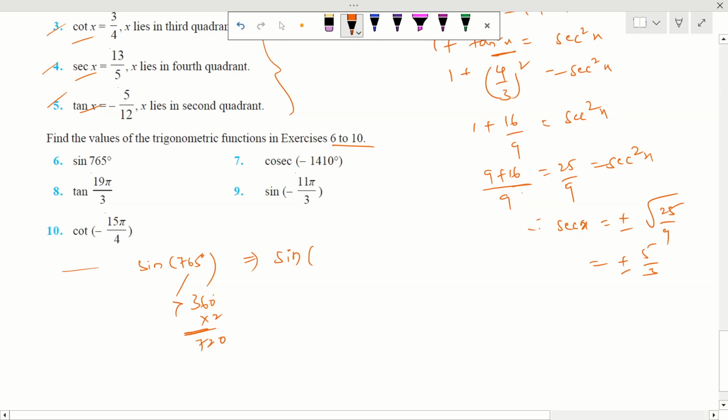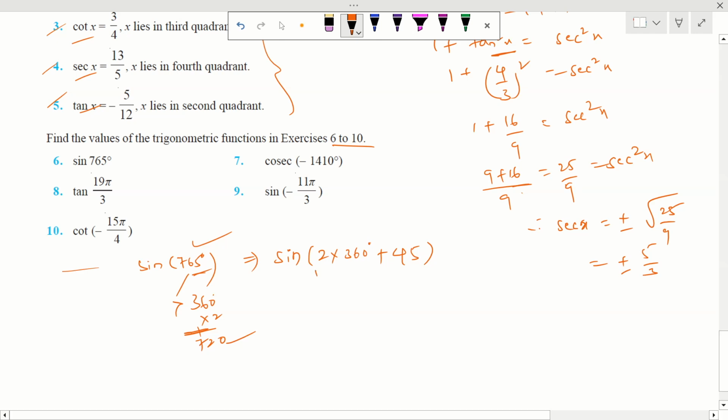So I will write 2 into 360 plus 45. 2 into 360 is 720, and 720 plus 45 is 765, right? So I can write it like this.